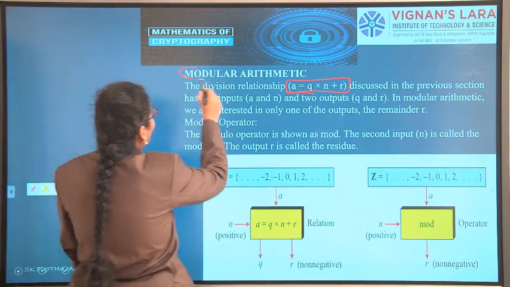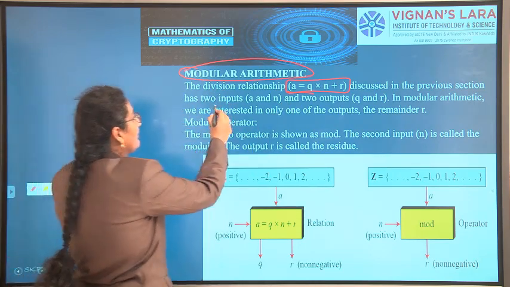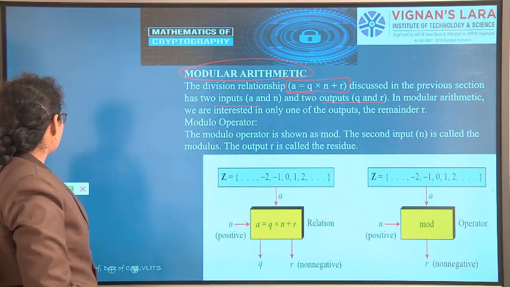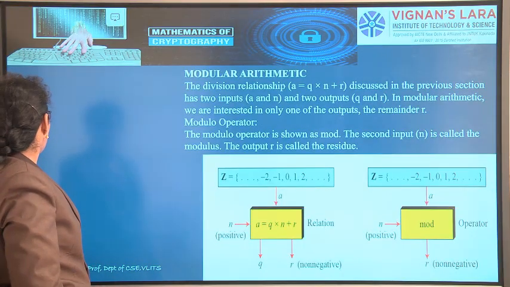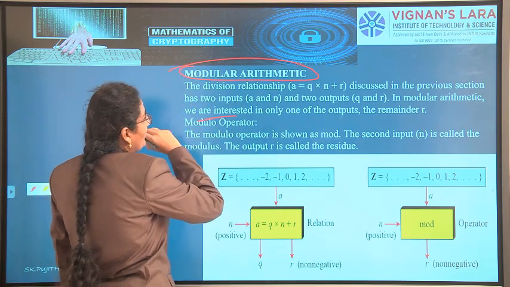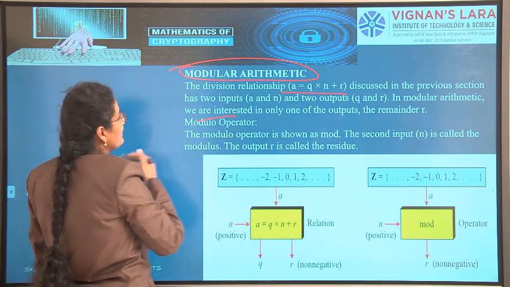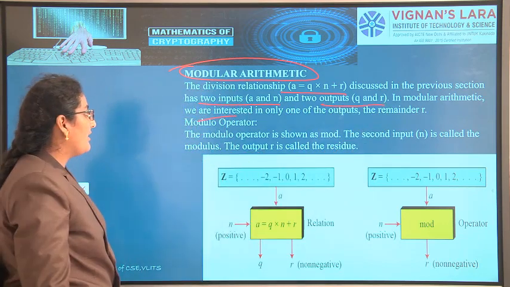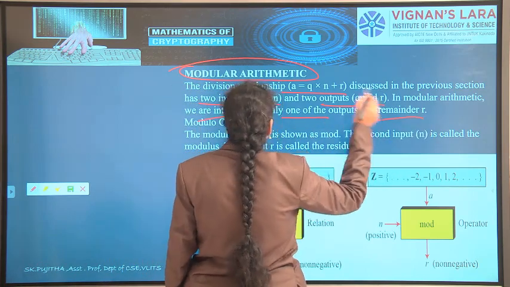In this, we have 2 inputs and 2 outputs, reduced to 1 input and 1 output. In modular arithmetic, we have the division rule A equals Q into N plus R. With the 2 inputs A comma N, there are 2 outputs Q comma R. But in modular arithmetic, we are interested in 1 output, the remainder R.